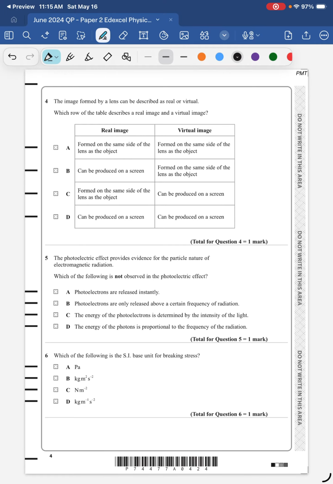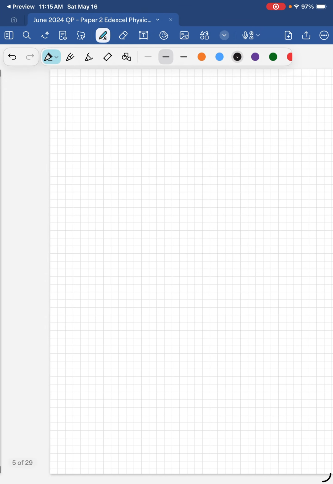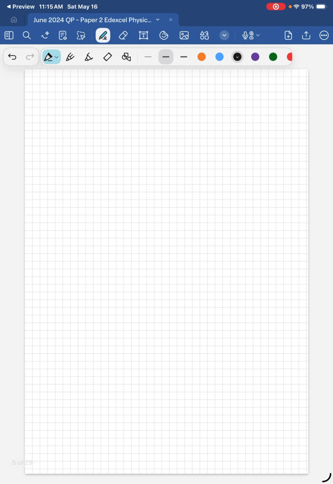Real images, actually let's use a clean page to show what's going on. So if these are the lenses, and let's draw it like that. We have an object. This is the focal length, and that's F as well.